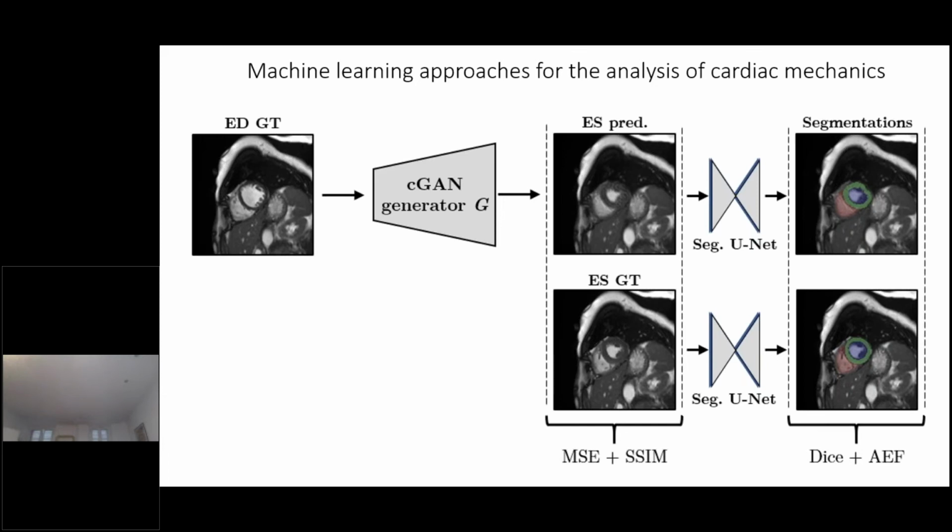We have the end diastolic images here on the left, and then we predict using our CGAN what end systole should look like.